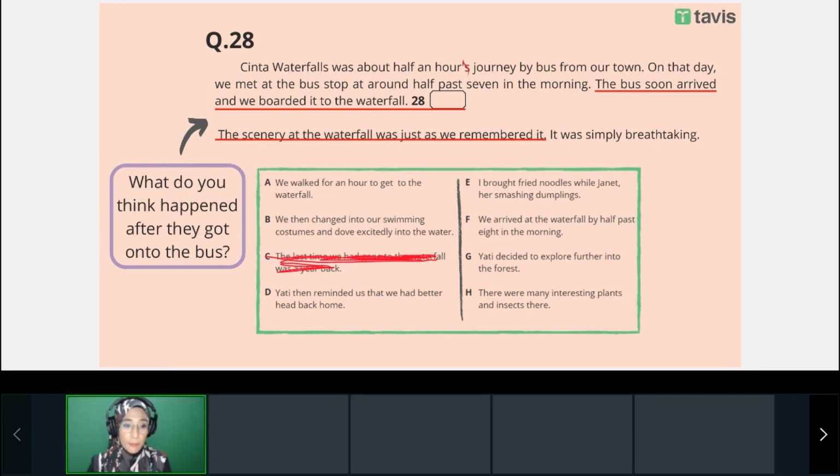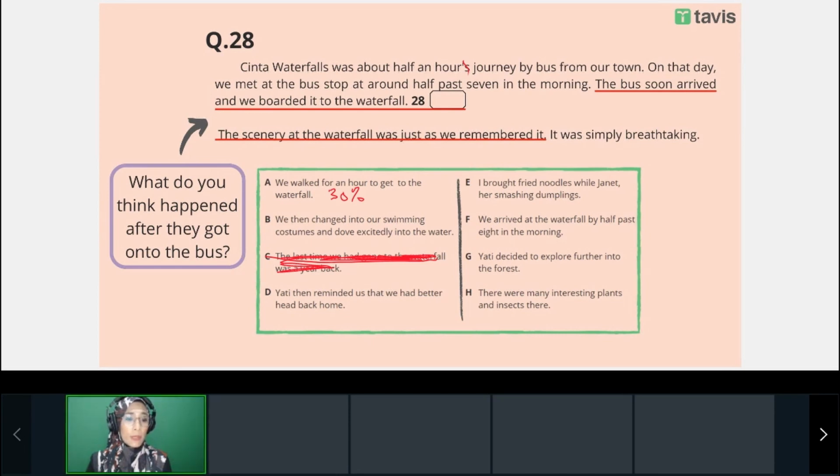Maybe they walked to the waterfall. But is it a higher maybe or lower maybe? I would put this as maybe around 30%. After they have reached, they might walk to the waterfall because they are telling us about the scenery at the waterfall.